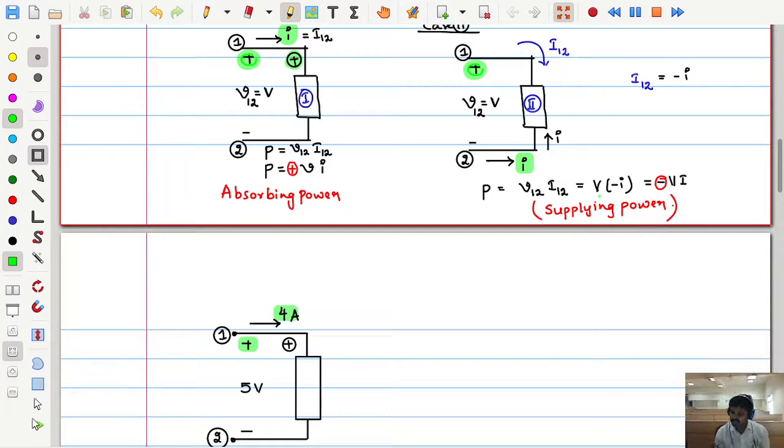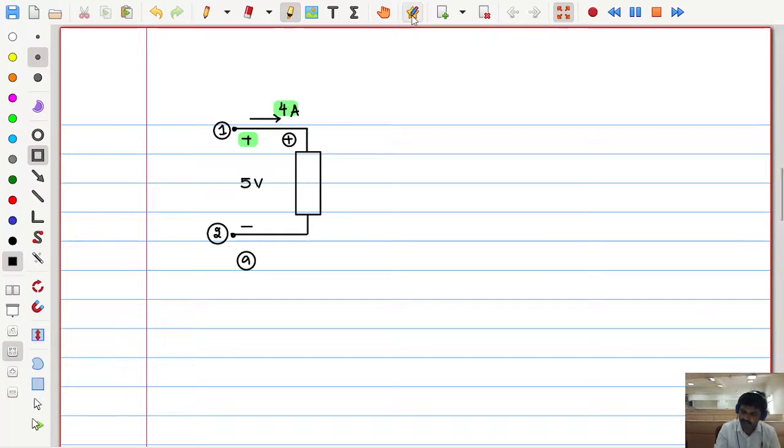It's your wish in what way you understand, but ultimately I need the exact answer. So here the power is 5 into 4, which is equal to 20 watts.